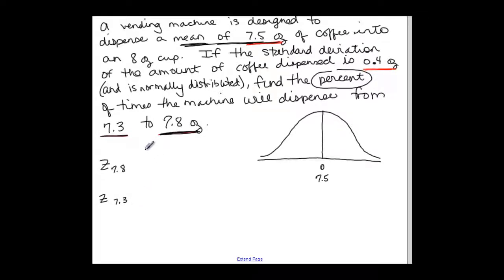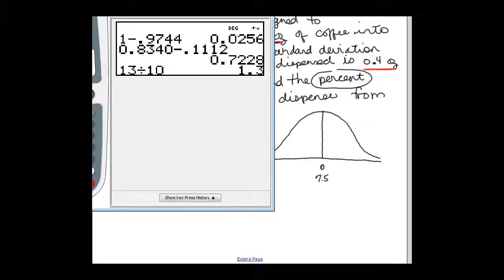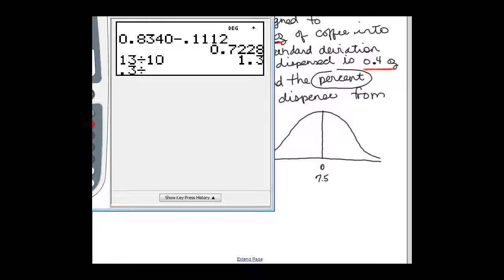We do that by taking the piece of data minus the mean divided by the standard deviation, which was given as 0.4. So that would be 0.3 divided by 0.4 in our calculator. 0.3 divided by 0.4 is equal to 0.75.